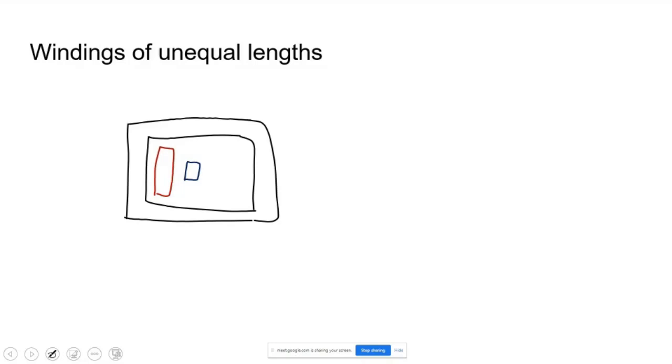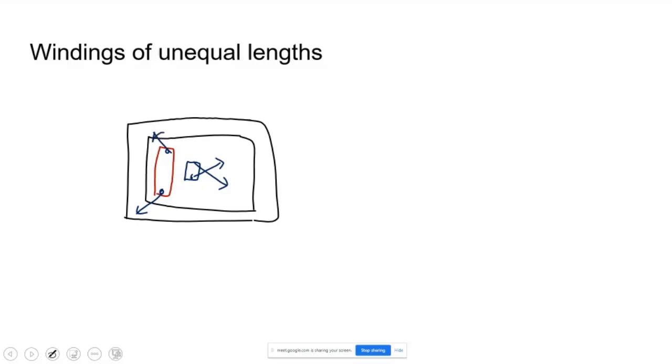For example, if you consider turns in this portion, and turns in this portion, this kind of force you will see, right? And if you consider the turn at the top of the primary and the turn at the top of the secondary, then this kind of force you will see.